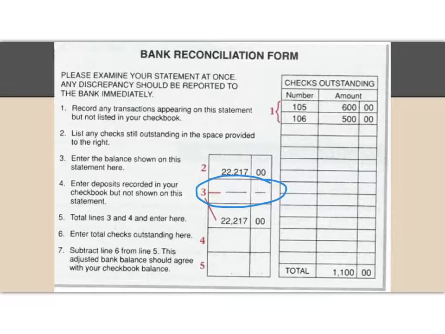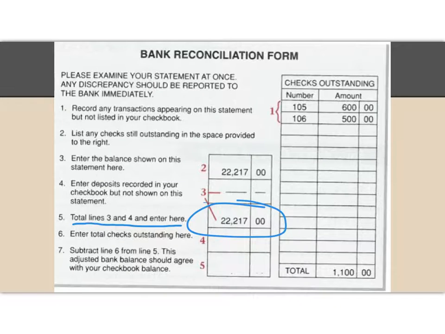And while we're at it, we'll even take our way to line 5 where it says total lines 3 and 4. $22,217 plus 0 is $22,217.